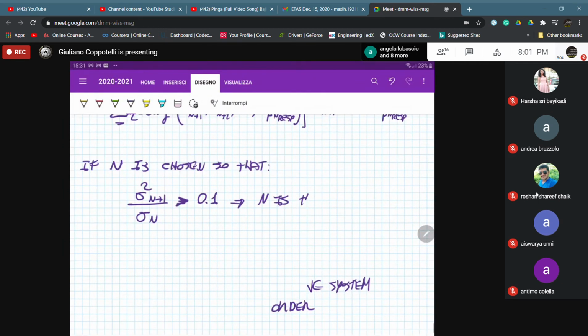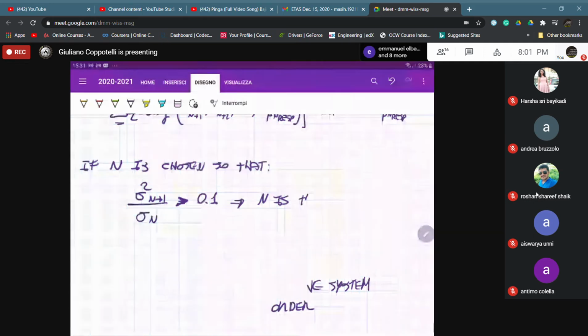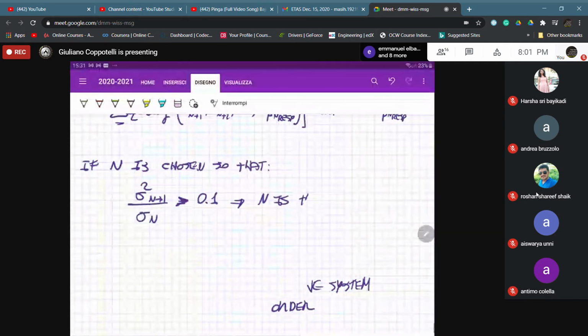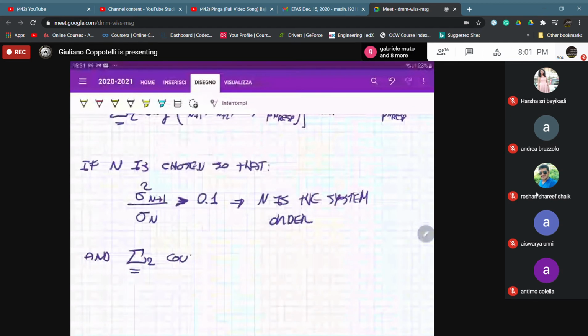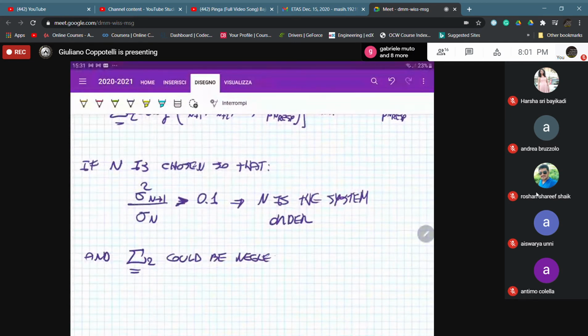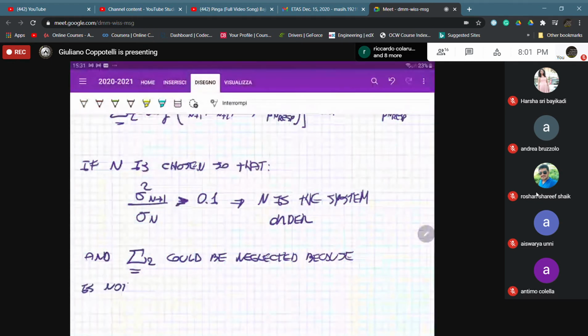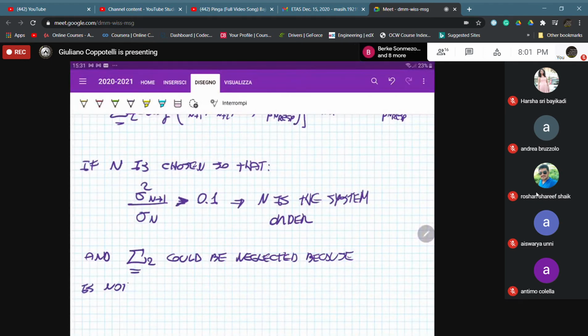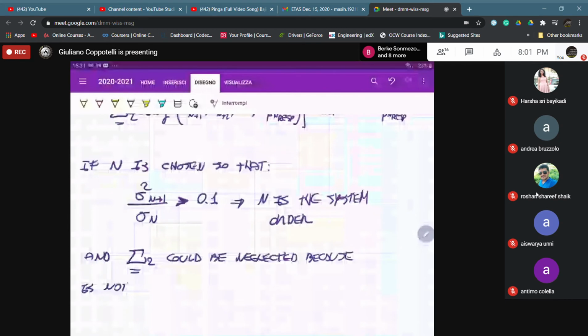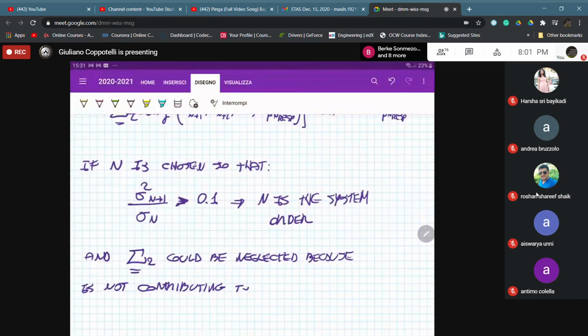Okay, and your sigma 2 matrices could be neglected because they are not contributing to the system information.